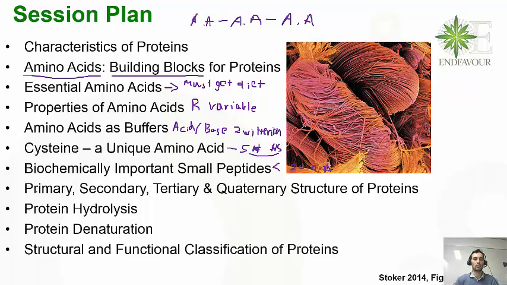We'll then have a look at some of the different types of protein structure that actually make up our proteins. We'll see that the structure of a protein is very much going to dictate how it functions. So, for example, it's just like any object.